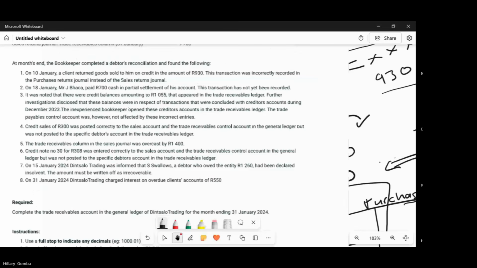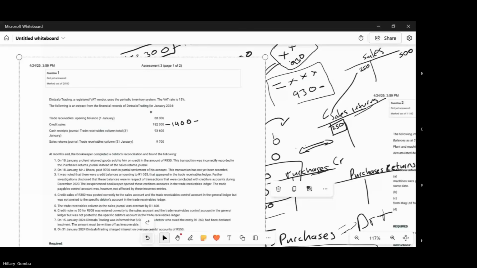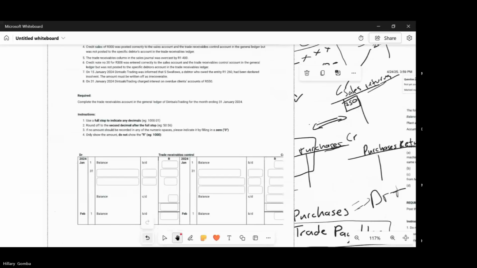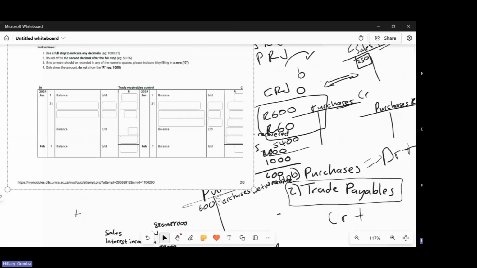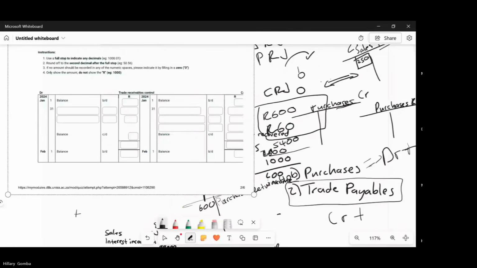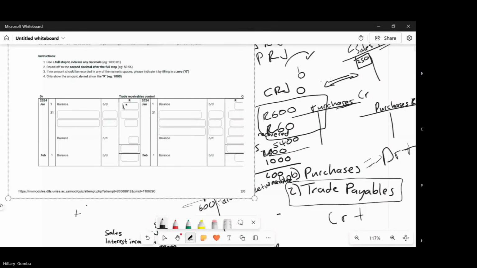Okay. 180,900. Here we have 88,000. And then here we have 550. How much do you get if you add the three?